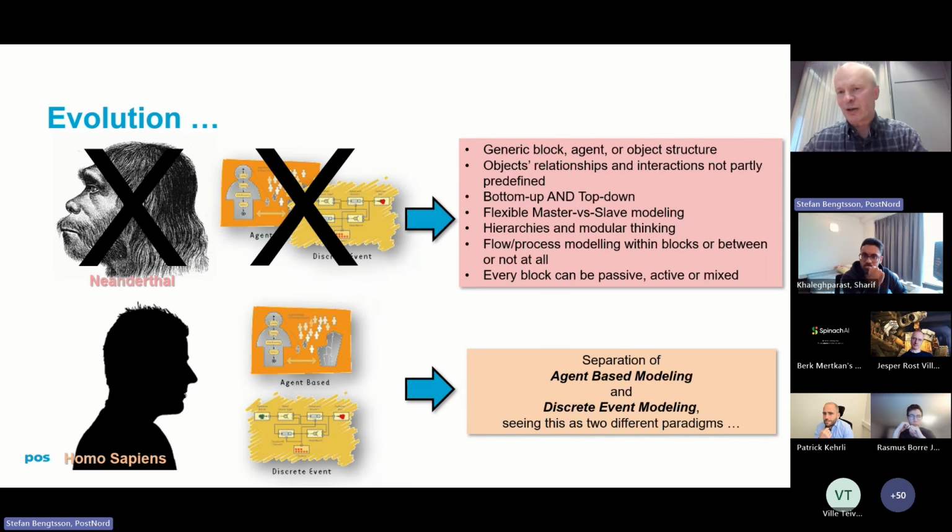So if we had had one paradigm, that paradigm would have given us a generic block, agent or object structure. We would have object relationships and interactions that were not partly predefined. We would have bottom-up and top-down thinking at the same time. We would have had flexible master versus slave modeling, hierarchies and modular thinking, flow process modeling within blocks or between or not at all, and every block can be passive, active, or mixed.